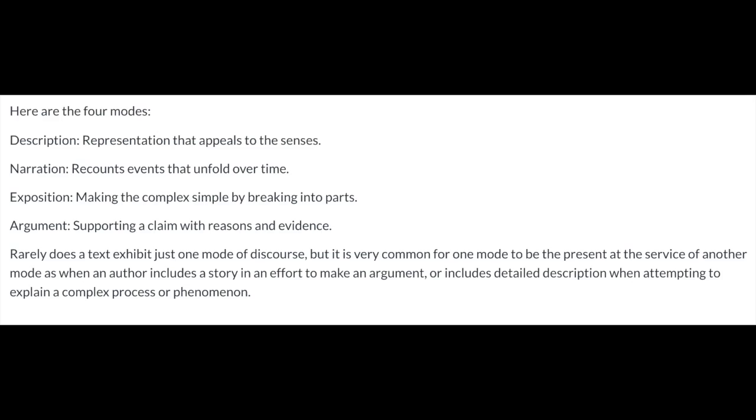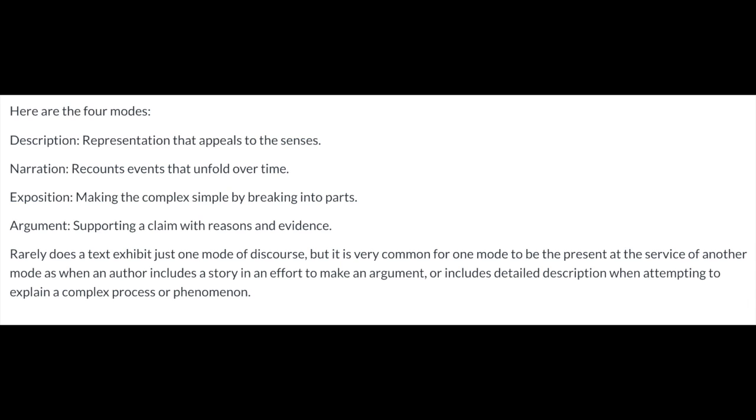So her question had to do with what discourse modes did Wilson engage in, and was one or more at the service of another. And this relates to this idea that any piece of discourse can be falling into one of four categories: description, narration, exposition, argument.